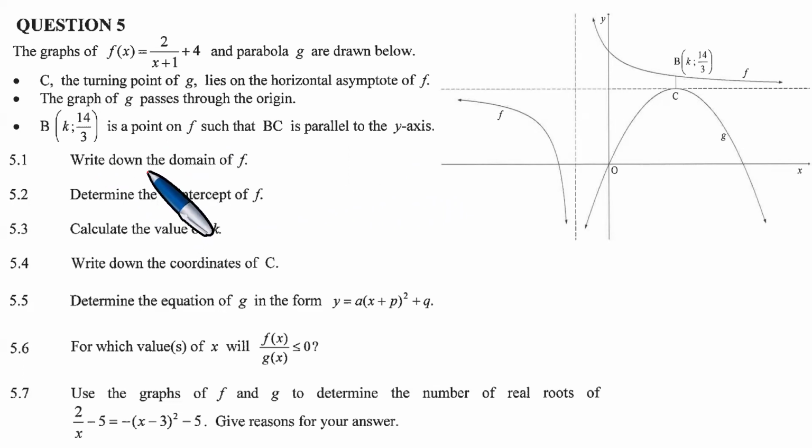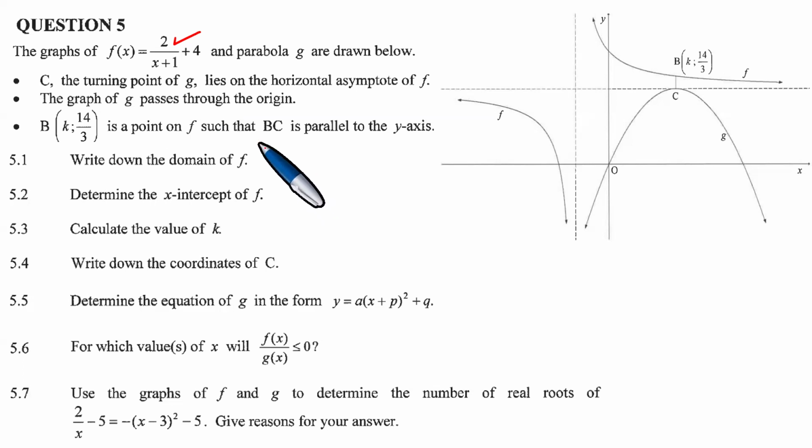Write down the domain of f. Okay, this is good news for us. We want to write down the domain of f. Now, we need to recognize the fact that f is what we call the rectangular hyperbola. As a consequence, the rectangular hyperbola is basically undefined at the point where x equals -1.